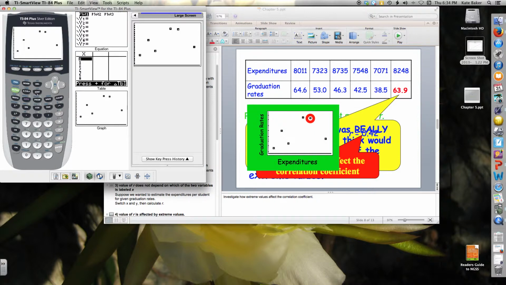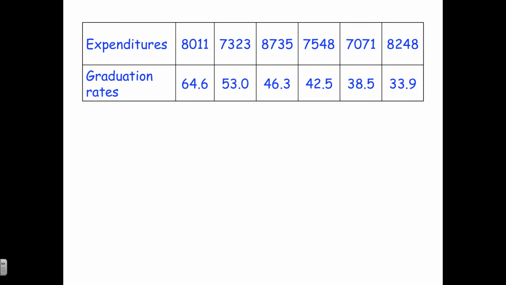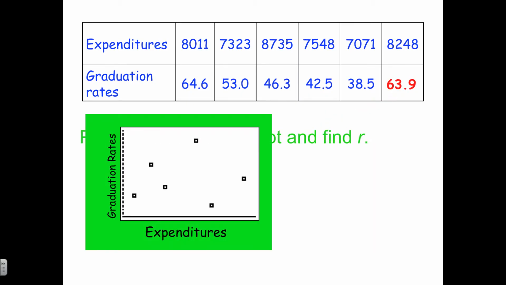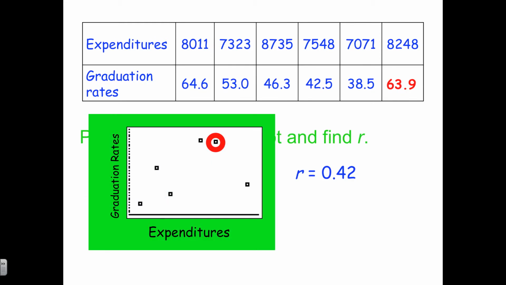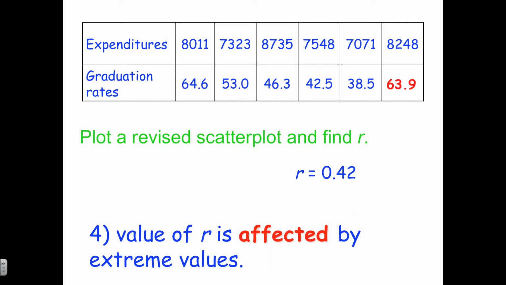I look at my R, change that back to list 1, change it to list 2, and my R is much stronger. So there it is, there's my new one. R is much larger. Extreme values do affect the correlation coefficient.